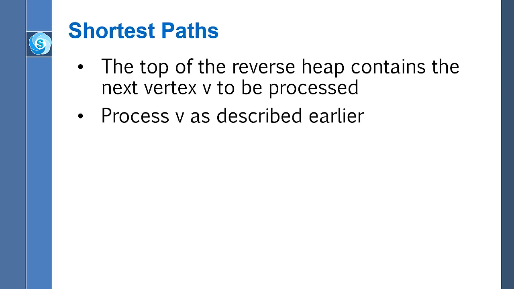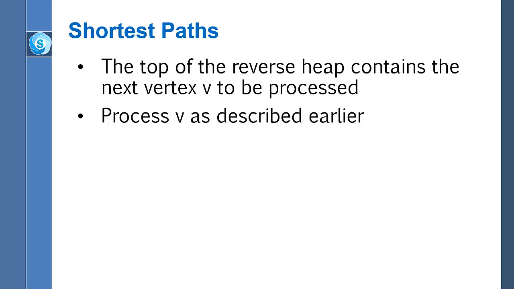We process V as was discussed earlier, meaning that we'll examine each of the neighbors U of V, and for each U that's already processed, we'll ignore that. But for every other neighbor U, we'll have to consider changing the value of U dot d.